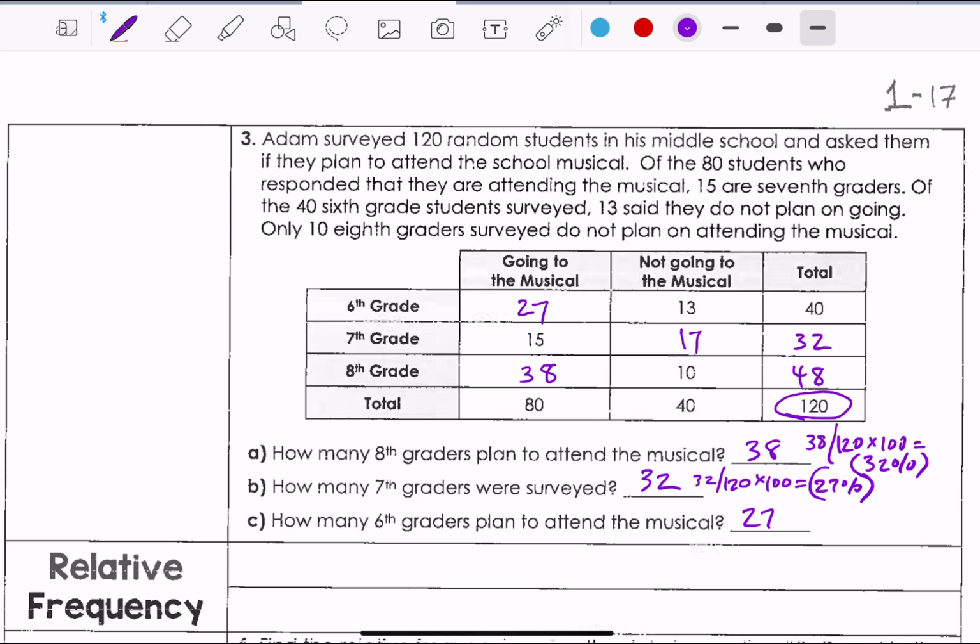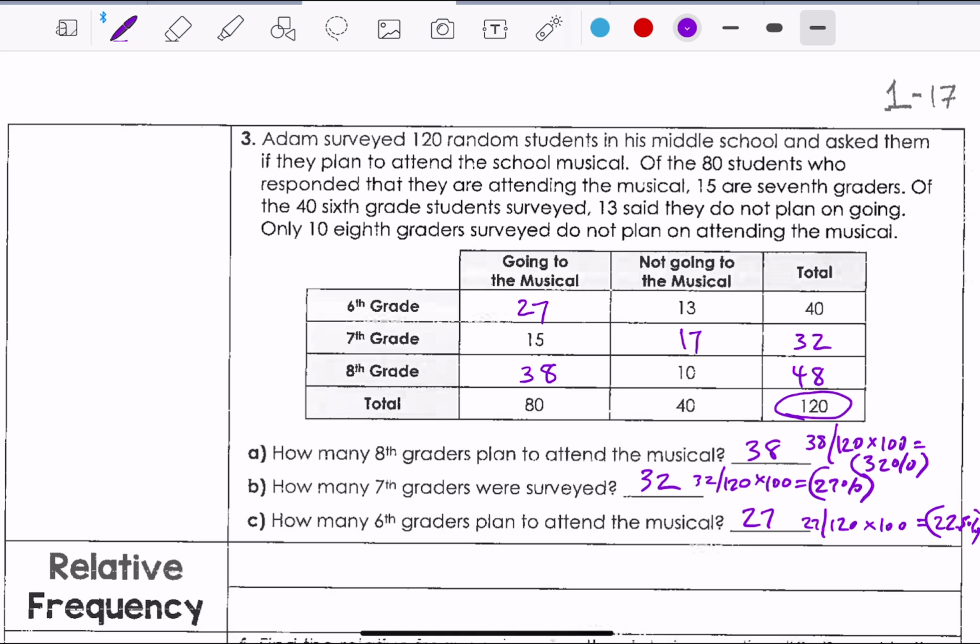And then my last one that I'm going to figure out is the percentage, 27 divided by the total, 120 times 100 equals, do that on my calculator, I get 22.5% for how many 6th graders plan to attend the musical.